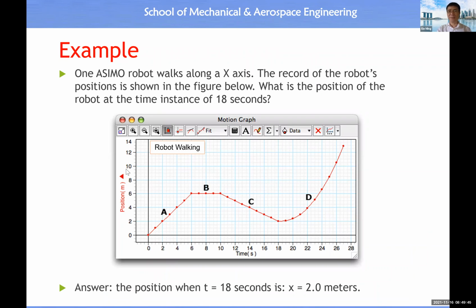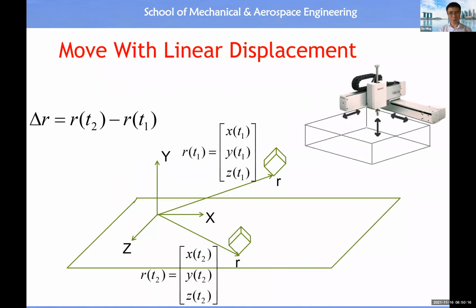Let's say we have equipment to record the motion performed by the robot. Then this is a motion graph recorded by the measurement instrument. Now we ask you, what is the position of the robot at the time when t equals 18 seconds? From here you see at 18 seconds, the position of the robot is at 2 meters. So immediately you know the answer, all right?